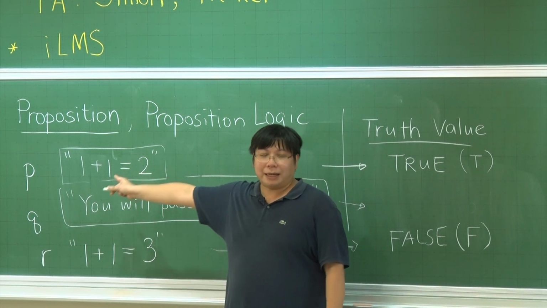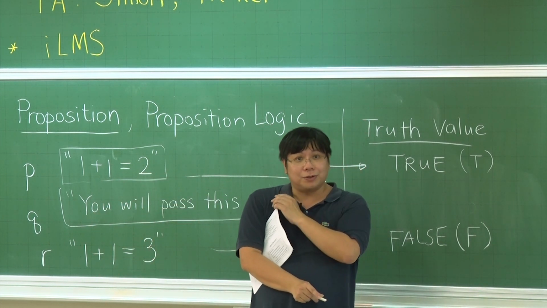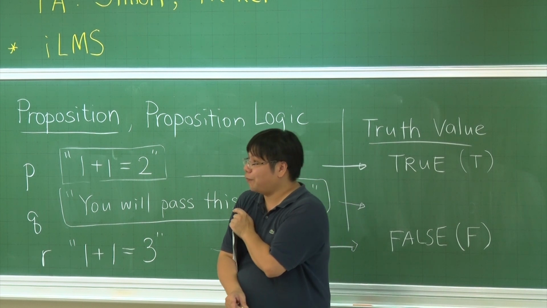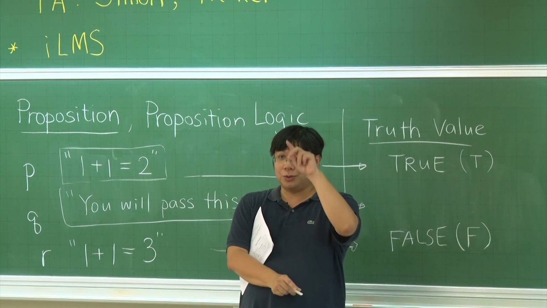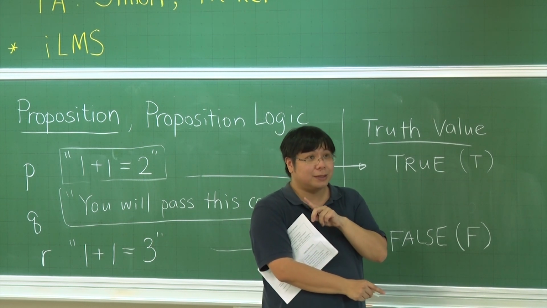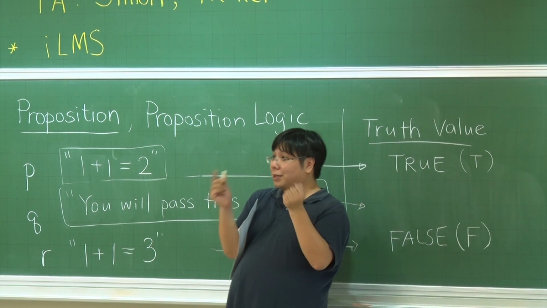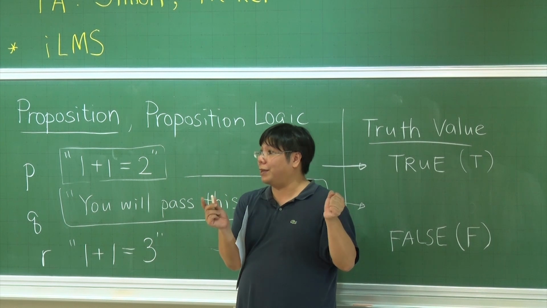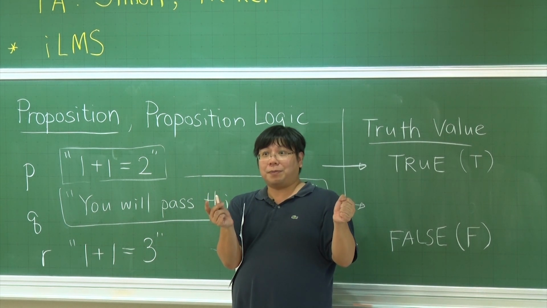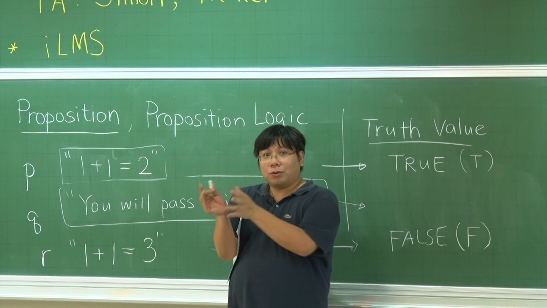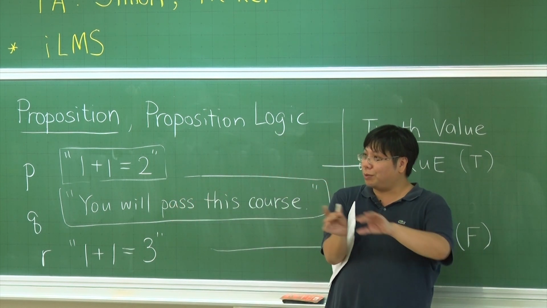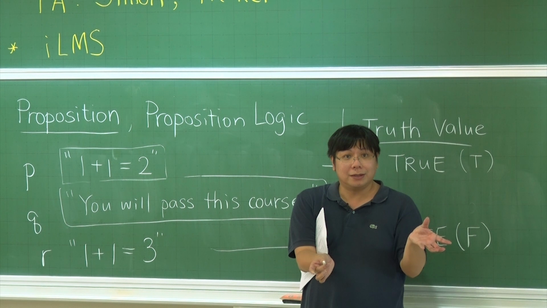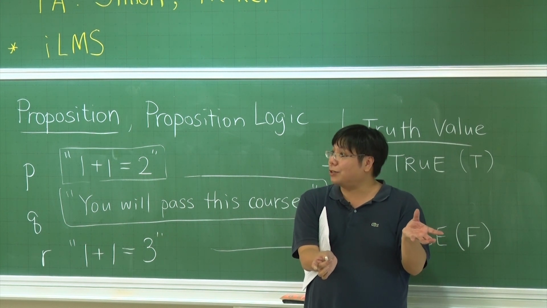Let's say P is equal to 1 plus 1 is equal to 2. Then the negation of P can be something like 1 plus 1 is not equal to 2. Do you understand my point? Now these two propositions have very interesting behavior. I don't know whether 1 plus 1 is equal to 2 or not, but if it is true, then 1 plus 1 not equal to 2 will have the opposite truth value. So this is the negation.